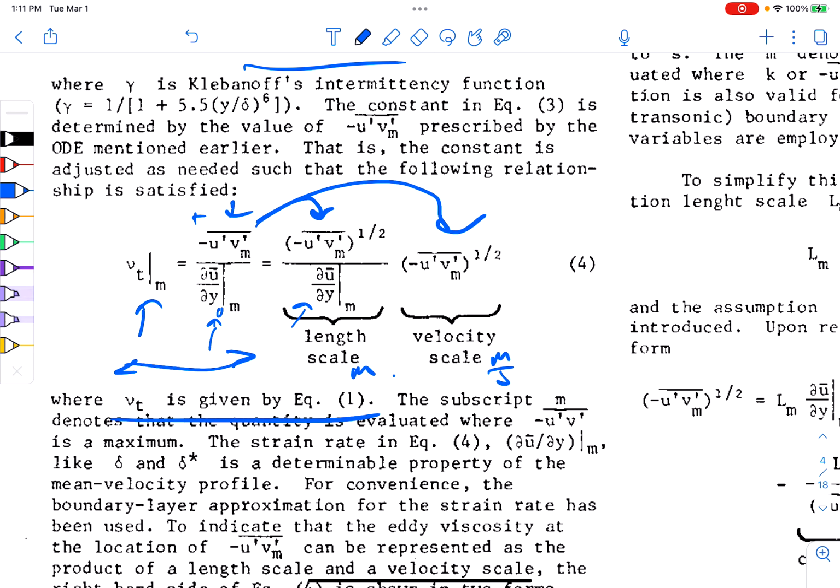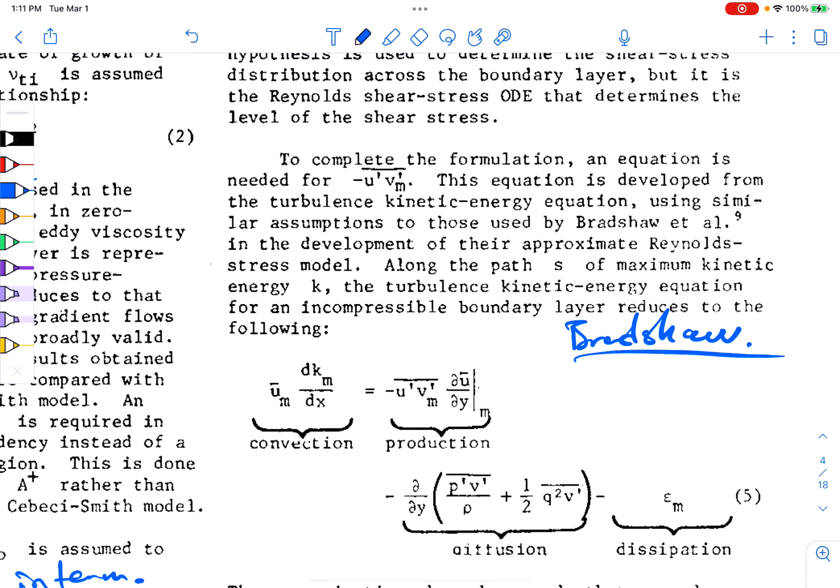You can read that if you want. But this is now a model, and they need to track eddy viscosity at this location M with a differential equation. And this idea was actually put down by someone named Bradshaw many years ago.